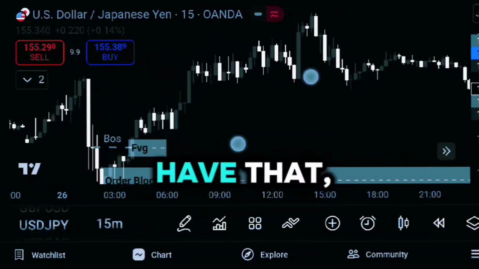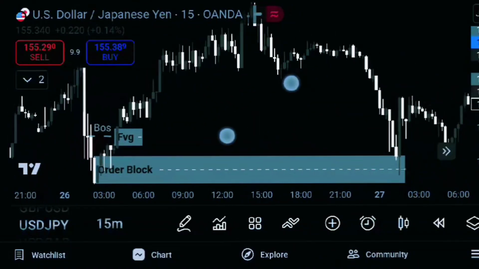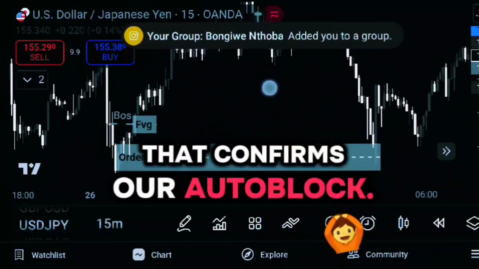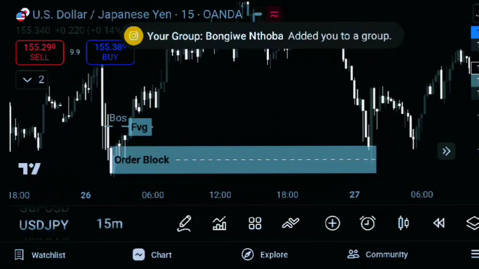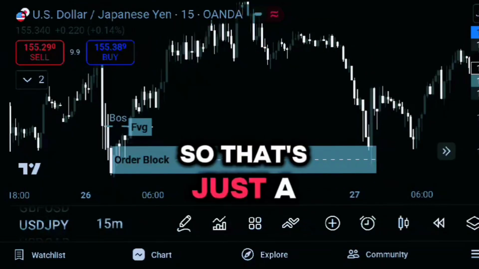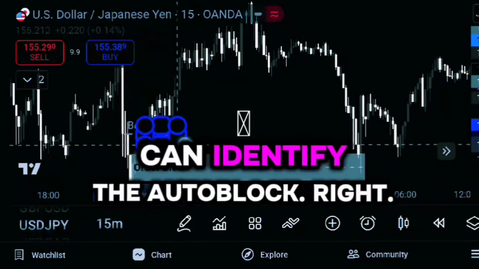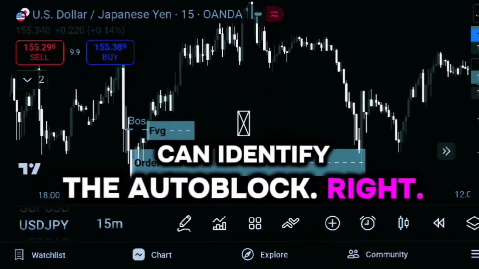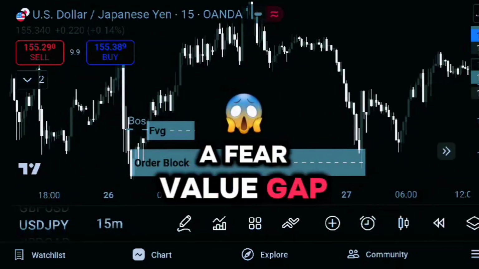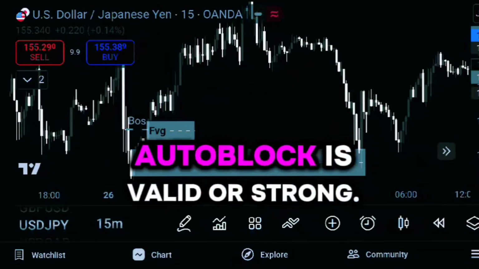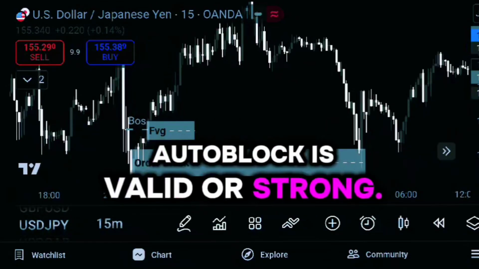And once we have that, that confirms our order block. So that's a pretty straightforward way we can identify the order block, right? A break of structure and a fair value gap confirm that the order block is valid or strong.